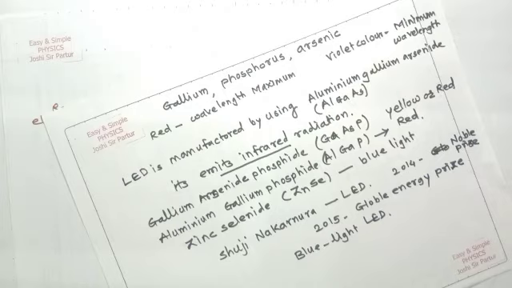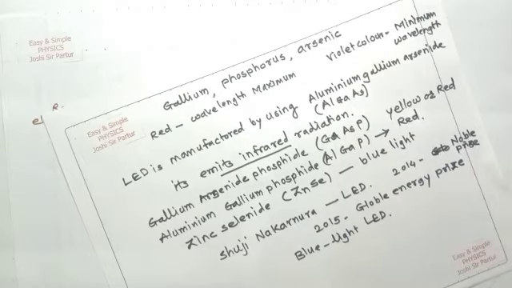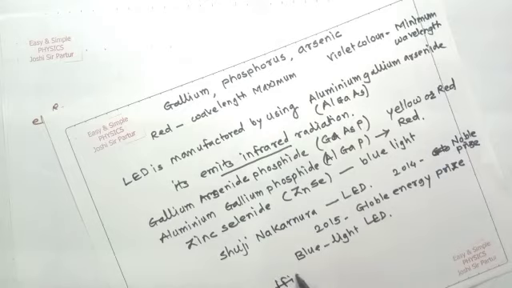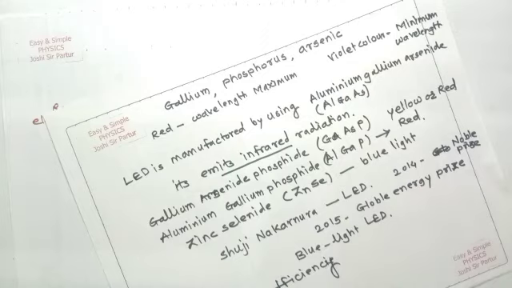So LED lamps, bulbs, and street lighting are very popular these days because of the very high efficiency of LEDs in terms of light output per unit input power as compared to incandescent bulbs.